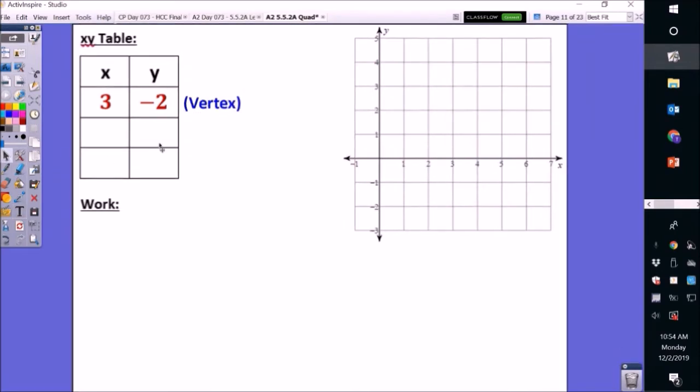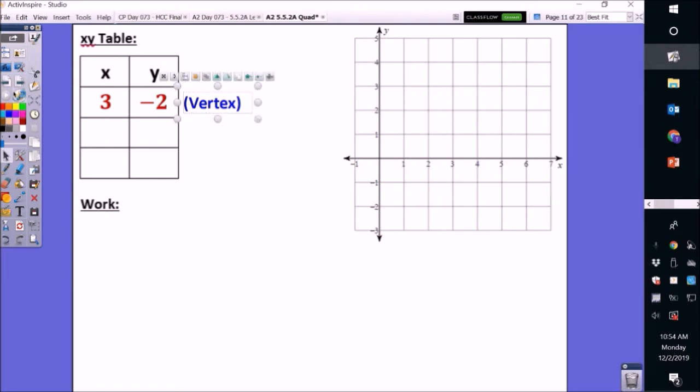Now, once you identify the vertex, then you just simply identify the next two x values on the right of 3. So if I was at 3, then my next x value is 4, and then after that will be 5. So you would identify and then write out the next two x values, which is shown here.